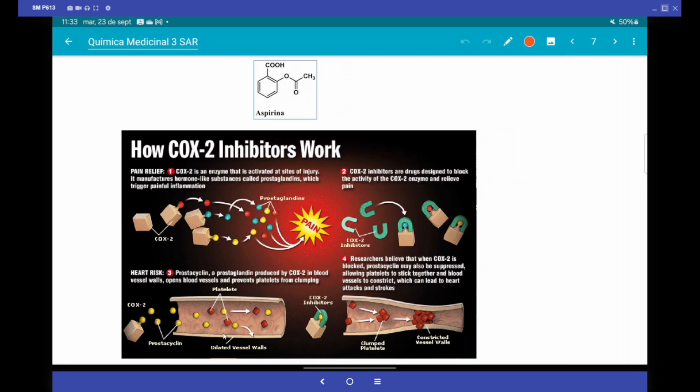Well, how do we prevent the platelets from aggregating? We prevent the platelets from aggregating in the following way. Cyclooxygenase is an enzyme that degrades lipids, and cyclooxygenase produces prostaglandins, and many prostaglandins perform normal, beneficial functions in the body.